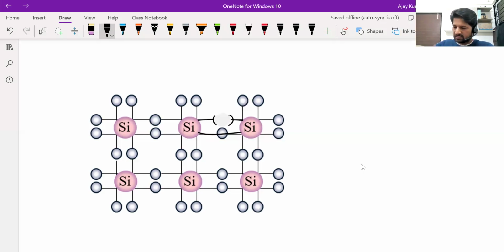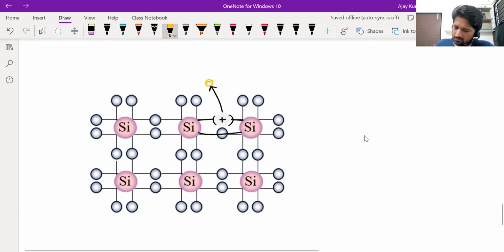That region of space in the material will be left behind with a positive charge, and the electron will be roaming around. It'll become a free electron. The electron has jumped out from here.